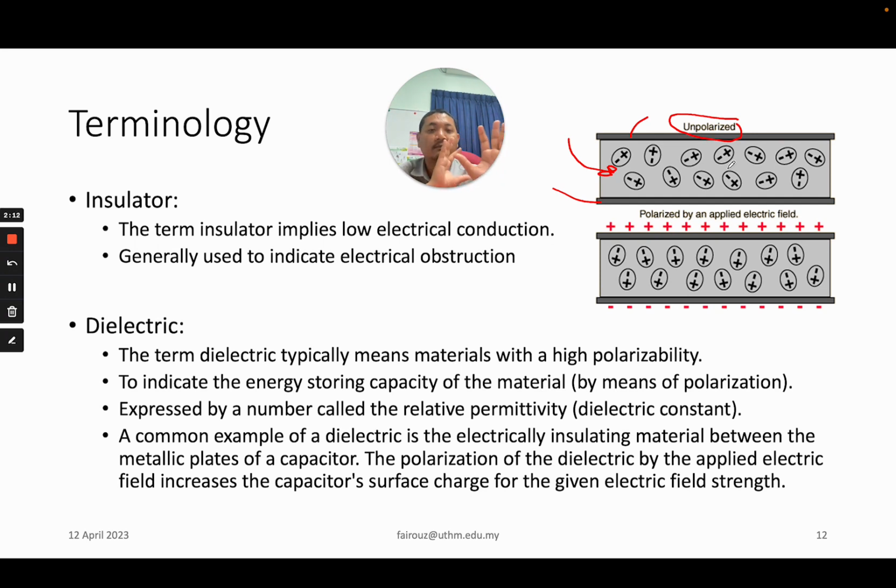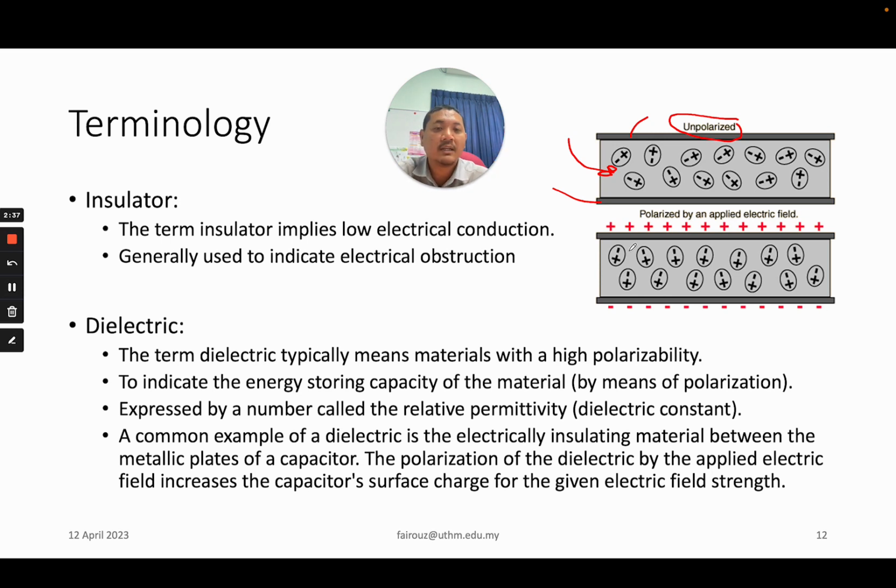It is basically everywhere. But when we apply an electric field, for example, here we apply positive on the top and negative on the bottom, then the charges will align according to their opposite charges.